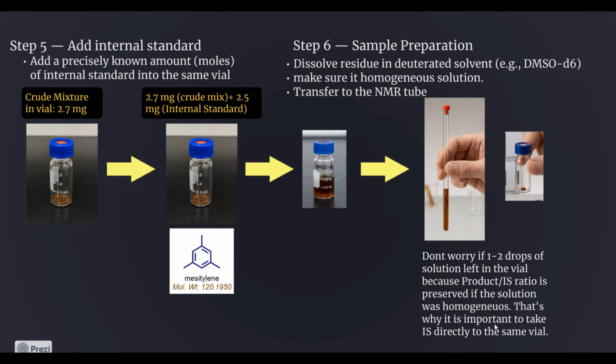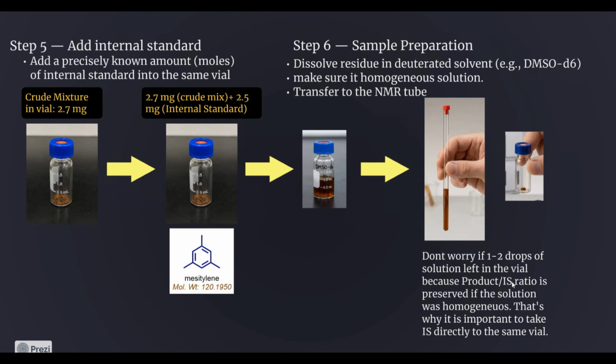That's why it is important to add the internal standard directly into the same vial. Now you have the internal standard in the solution of the crude mixture. If you leave one drop or two drops, it means the internal standard is also left there, right? So the product to internal standard ratio will remain the same when you do the calculation in the NMR.